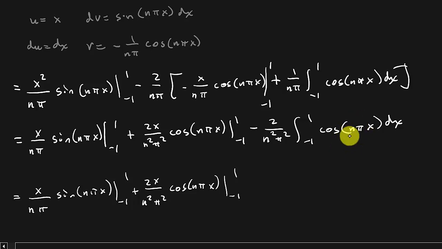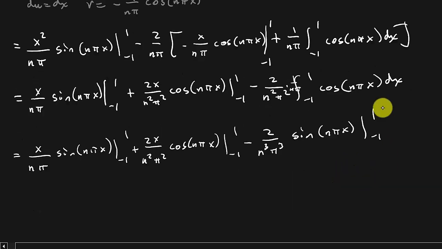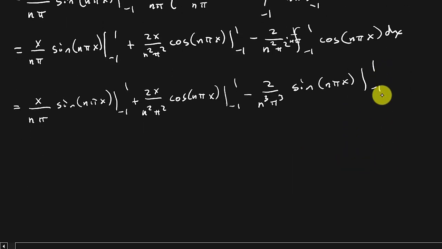And so I've got to multiply by the reciprocal. So I got to multiply by 1 over n pi. So that's going to give me minus 2 over n cubed pi cubed sine of n pi x from -1 to 1. All right. Now, let's look at this. This is where it's kind of nice for us.